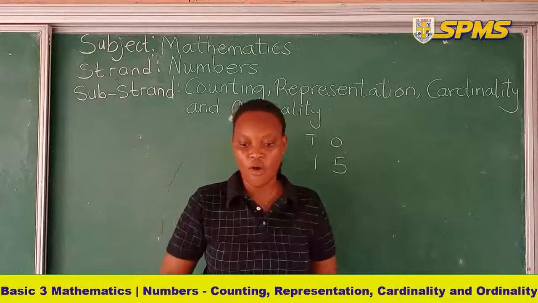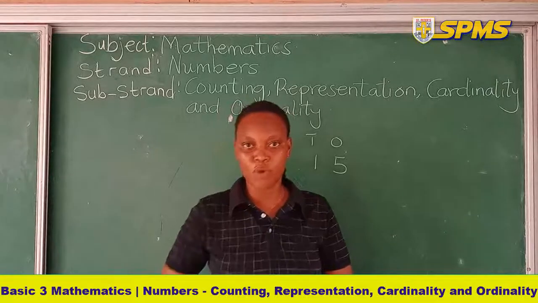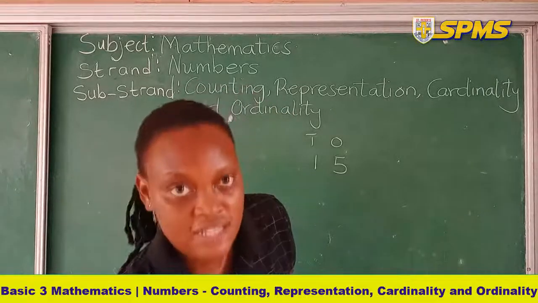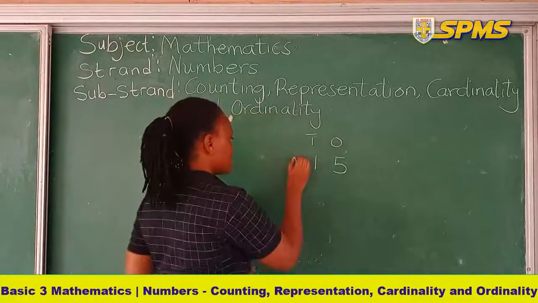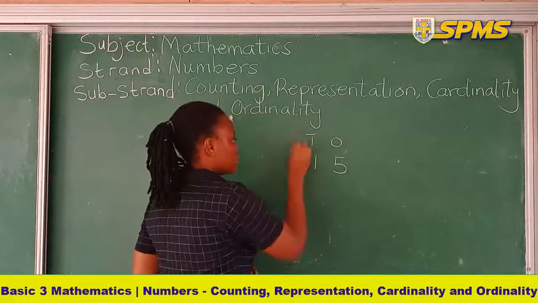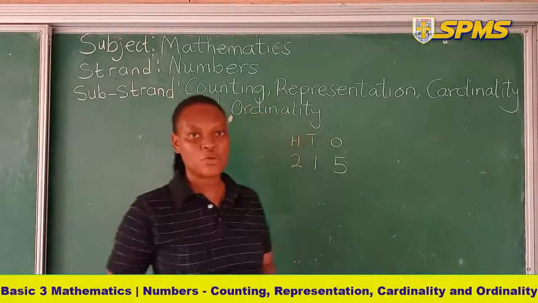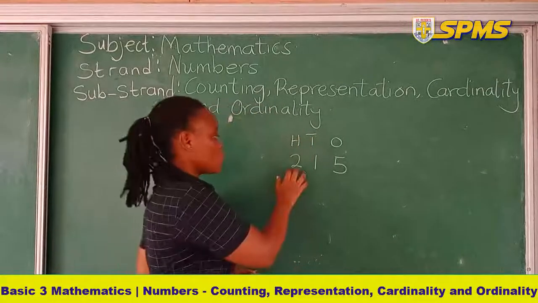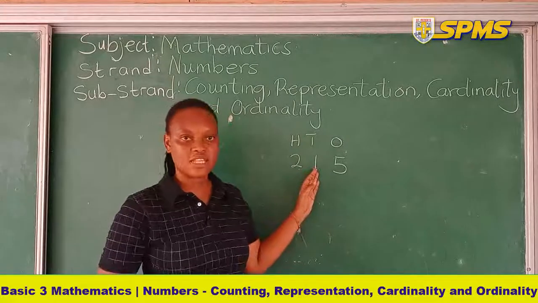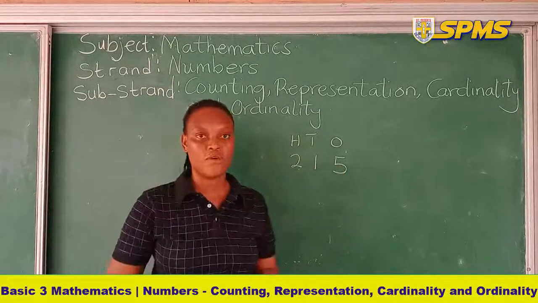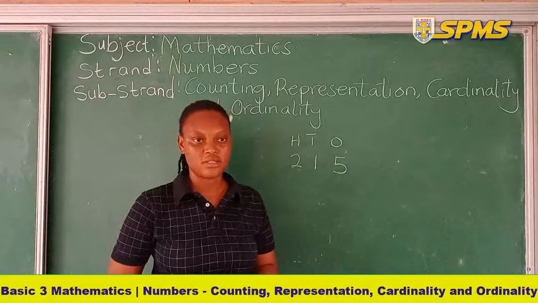So 10 of the 10 blocks will give us 100. So we can write 2 for 100. So we realize that we had 2 of the hundreds, 1 of the tens, and then 5 of the ones.